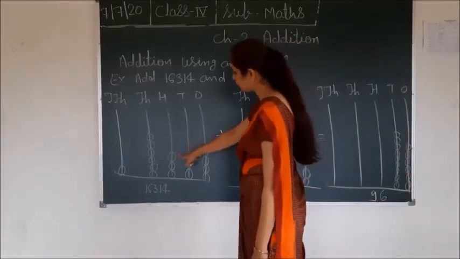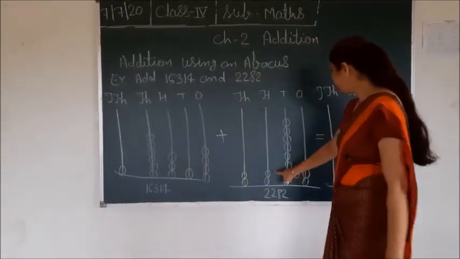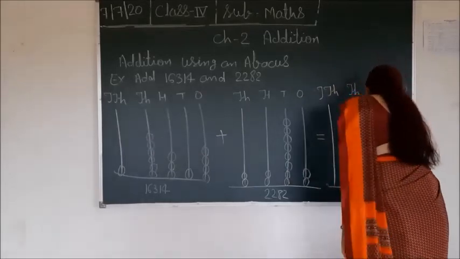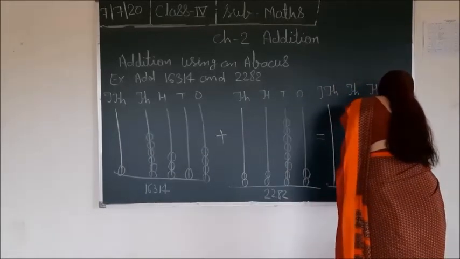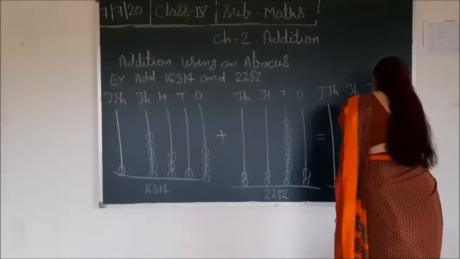Place of 100, here 3 beads and 2 more, 5 beads: 1 2 3 4 5.